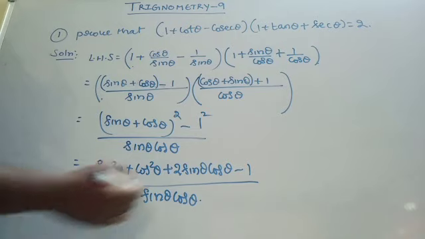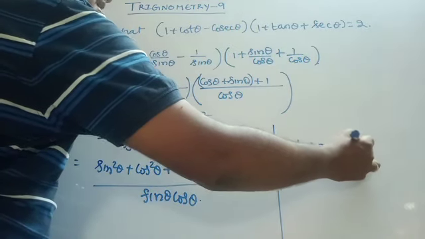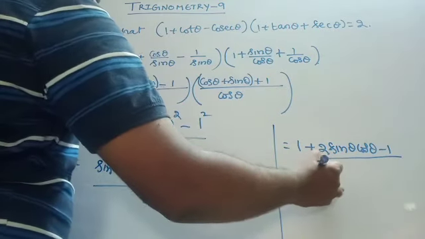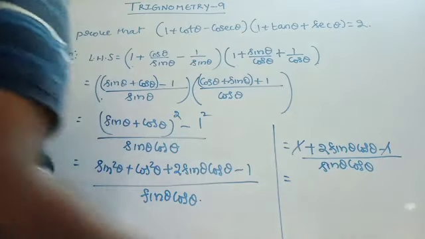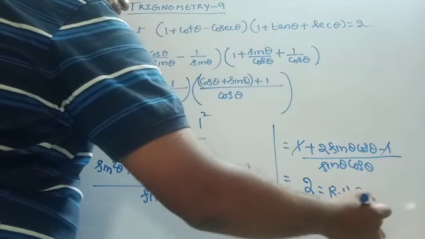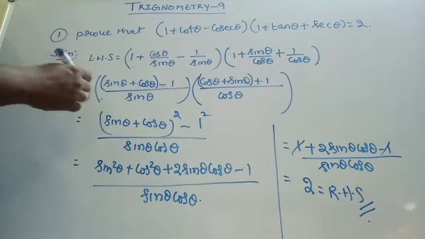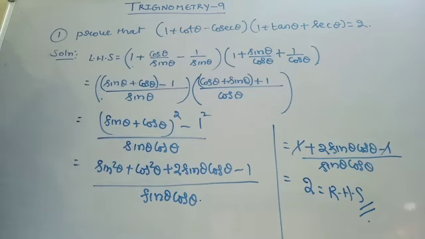You know that sin² θ + cos² θ is nothing but 1, so we have 1 + 2 sin θ cos θ − 1. The 1 and −1 cancel, leaving 2 sin θ cos θ by sin θ cos θ, which equals 2, the right hand side. How beautifully we have got this problem. We brought everything into sin and cos, applied (a + b)(a − b), simplified, and got the answer 2.